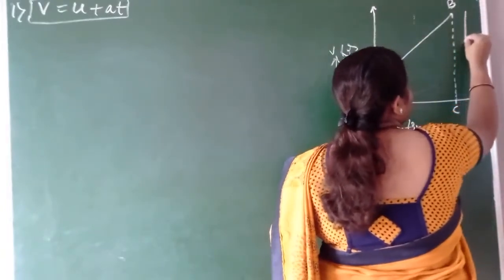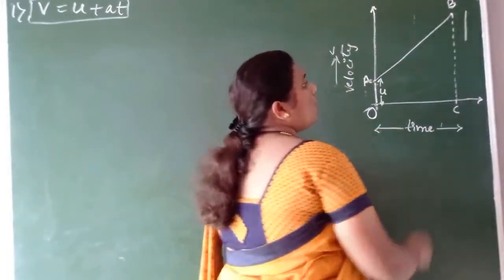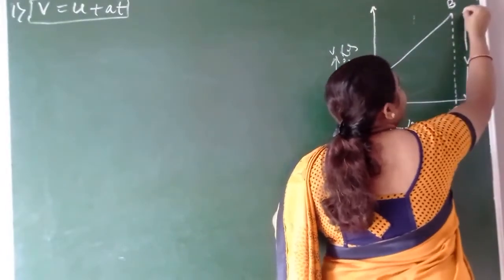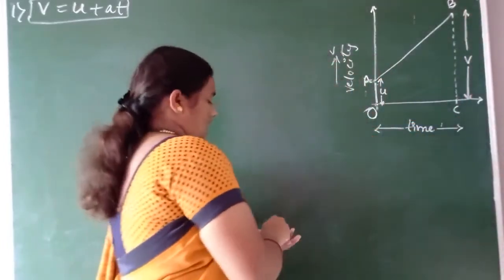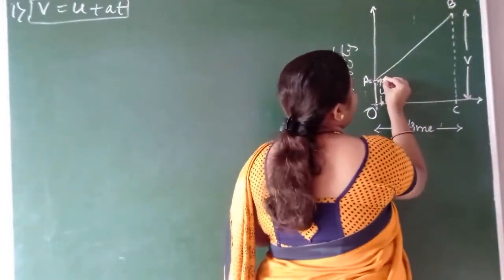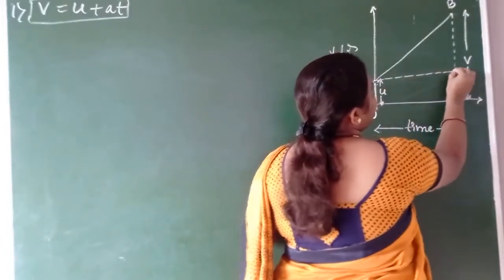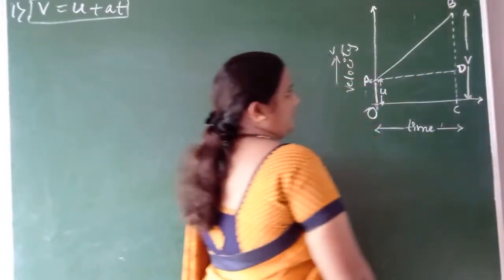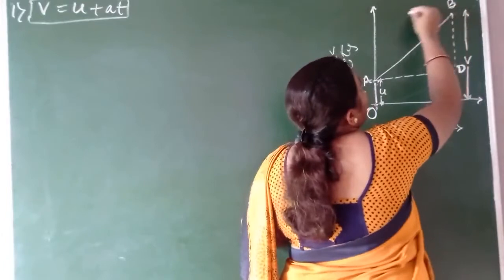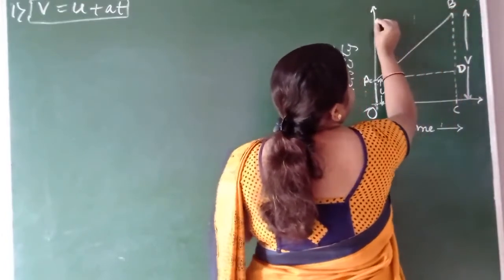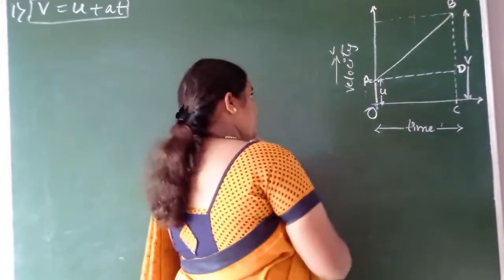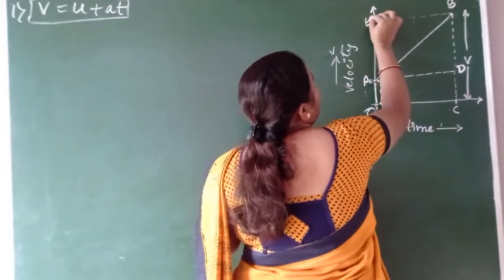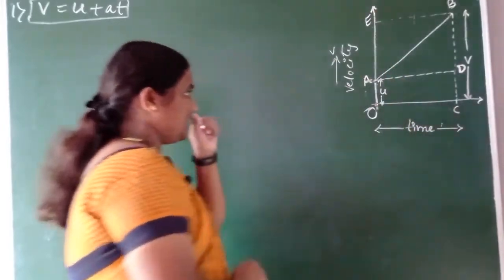So our final velocity goes from point B to C. And we need to draw an imaginary dotted line parallel to OC, and we will name it D. And similarly we need to draw a perpendicular line from position B to E on OC, isn't it children?